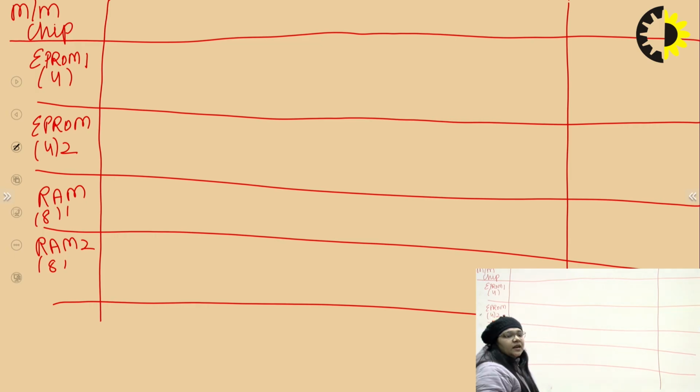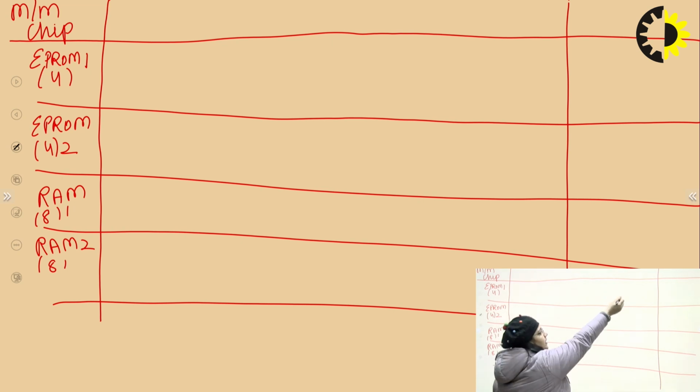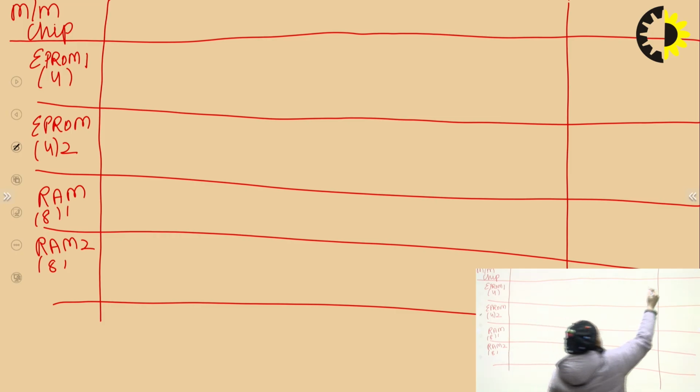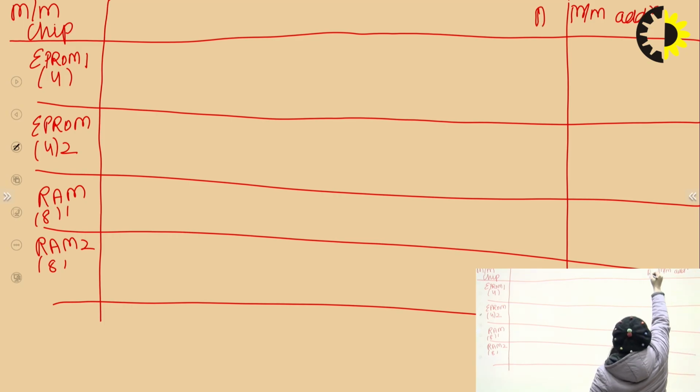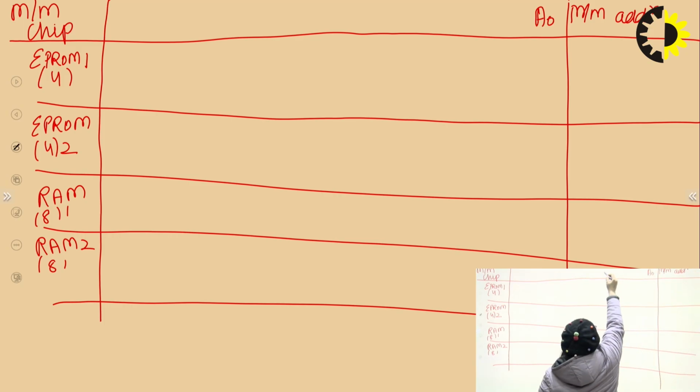Next, how many address lines are there? Total 16 address lines. So I will be writing all the address lines from right to left. Here I will be writing the memory address. It will be A0. I can do 4 partitions also here for the address lines.